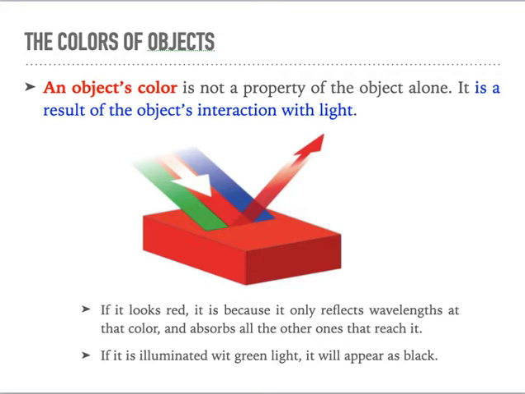So in this case, for example, if we illuminate it with black light, we wouldn't see anything because black light doesn't have red. And if we illuminate it with green, this object would absorb all the green, and since there's nothing to reflect, we wouldn't see this object, we would see it as black.